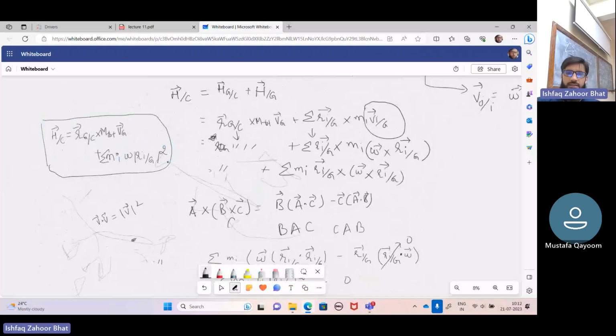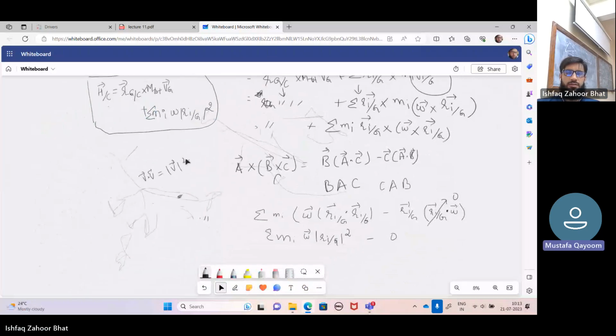And this thing is a constant for this system. So what is constant here in this summation? Can you figure out? Summation of mi and omega, sir. Omega is constant, so omega is the same for all the particles. So this omega we can take out of the summation, isn't it?